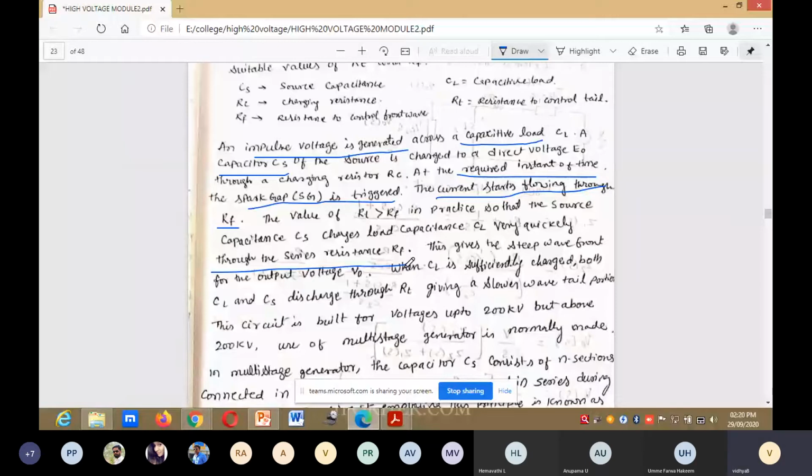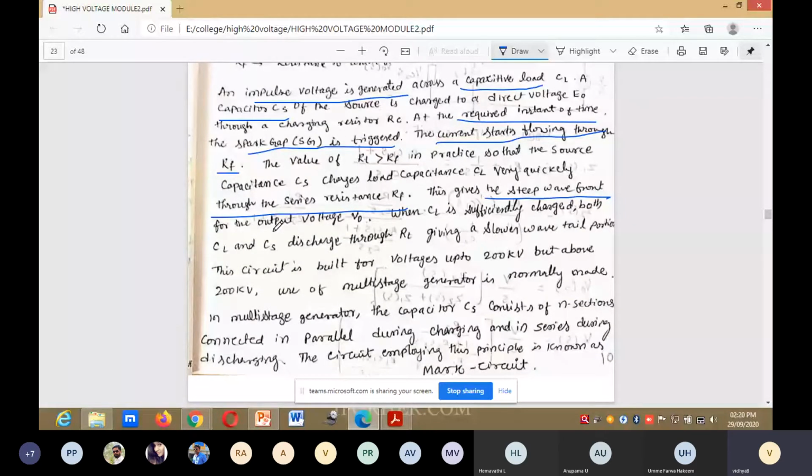This gives too steep a wavefront for the output voltage V0.